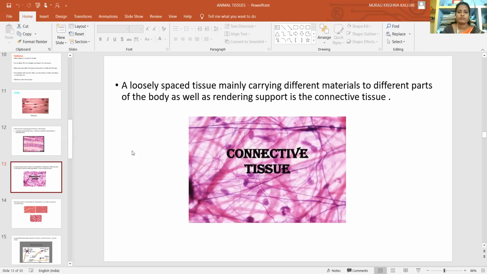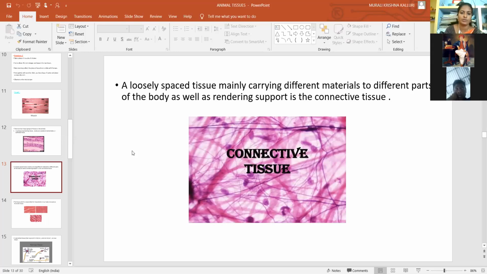It is also rendering support to the connective tissue. The connective tissue is very loosely spaced tissue.